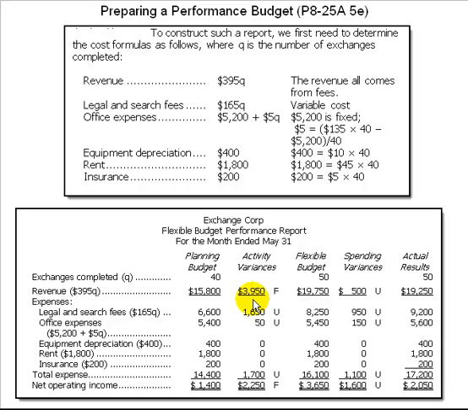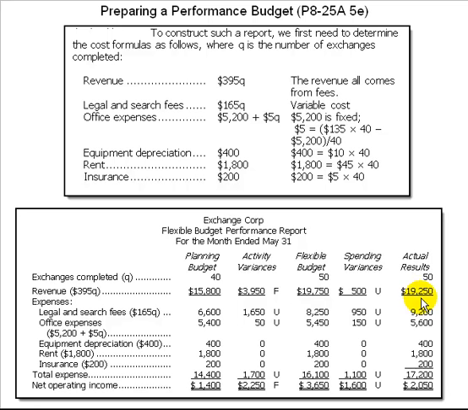Well, I'm sorry, I want to break this into two components. We have $19,250 in total spending, and then what we want to do is compare how much of that is a result of an activity variance versus a spending variance. Okay, so how would we do that? Let me explain that.